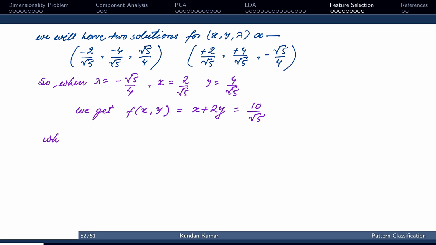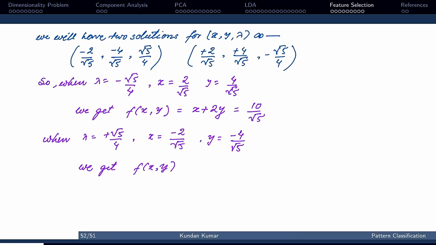And when lambda will be plus root 5 by 4, x equal to minus 2 by root 5, y equal to minus 4 by root 5, then we will get f(x, y) equal to minus 10 by root 5.